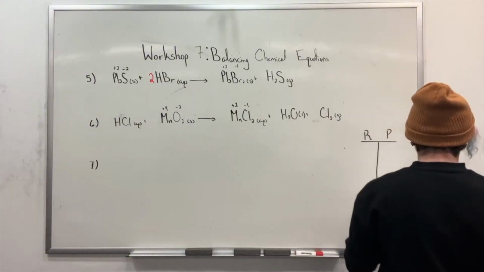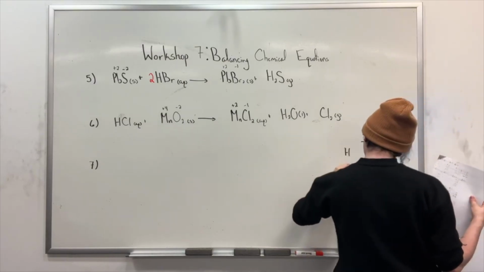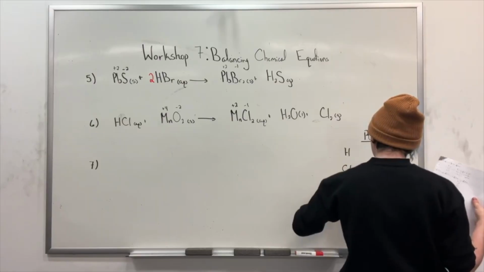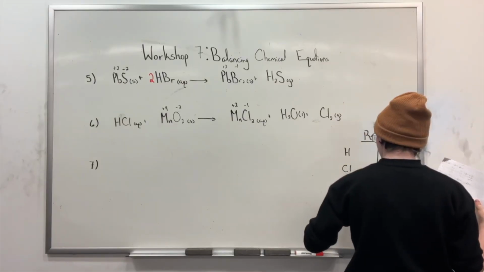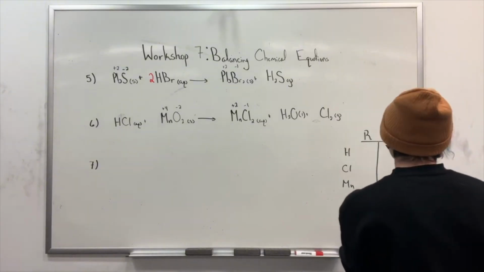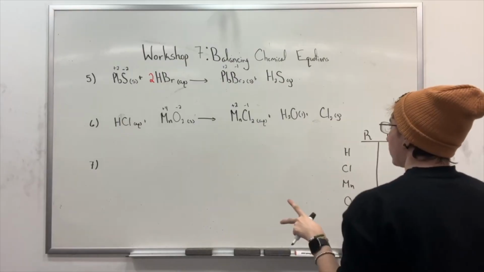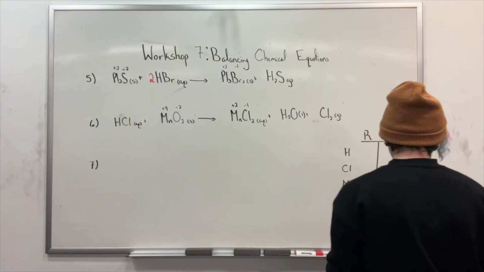So the elements that we have are hydrogen, chlorine, manganese, and oxygen. And a lot of our species are appearing in multiple groups. We have a few different elements appearing more than once in the equation. So let's look at what we have.